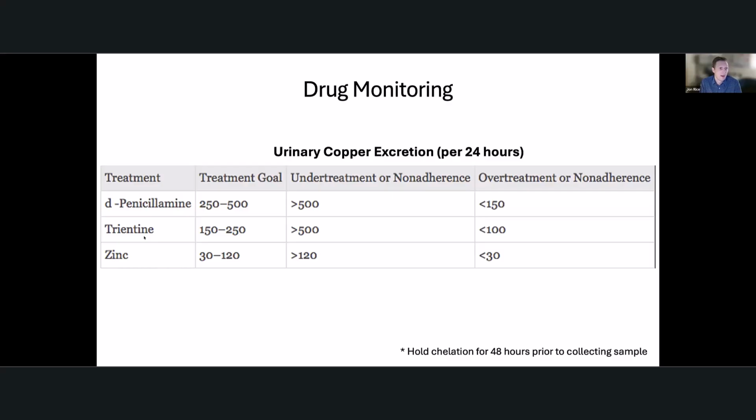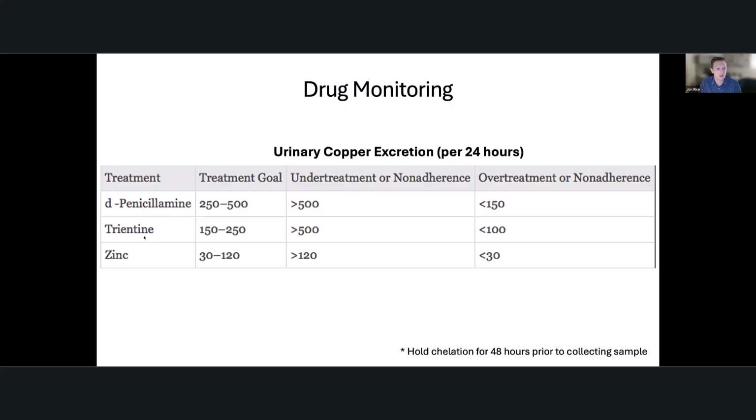And so as you can see here, you can use these levels for over or under treatment, and the treatment goal for D-penicillamine and trientine is somewhere between 150 and 250 to get in that range. Once you start to go below that, that could be a sign that you have over decoppered the patient and they are now copper deficient, which has its own issues and symptoms and problems.